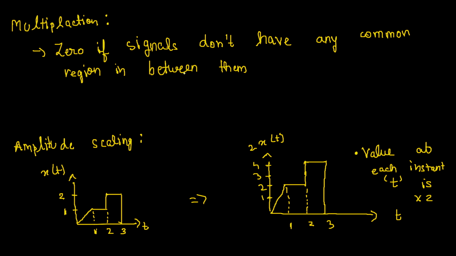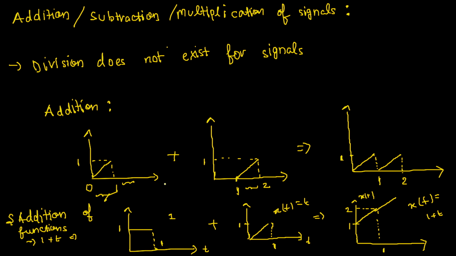And multiplication again is the same thing, but what is different is, let's say the functions that we added initially, if we are multiplying them, we'll simply get 0 because between 0 and 1, the second function is 0, and between 1 and 2, the first function is 0.